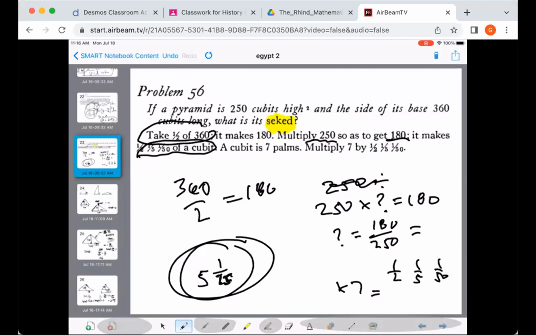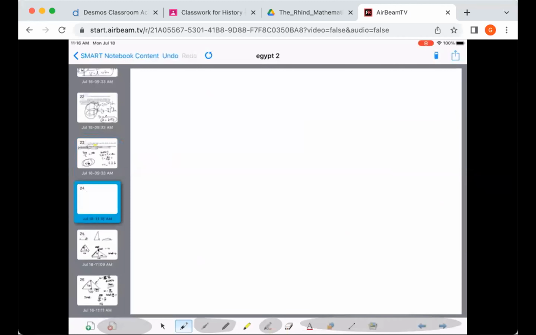And then they multiply by 7. Notice the multiplying by 7 is a measurement conversion because their unit of measurement was the cubit, which was broken up into 7 palms.